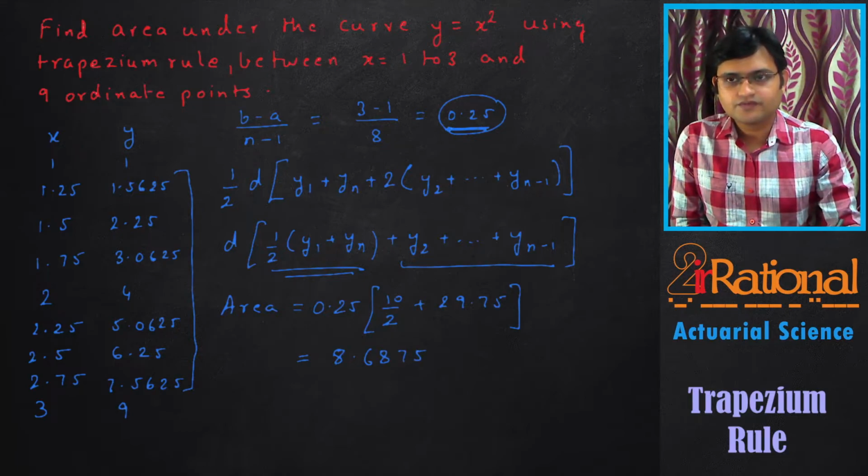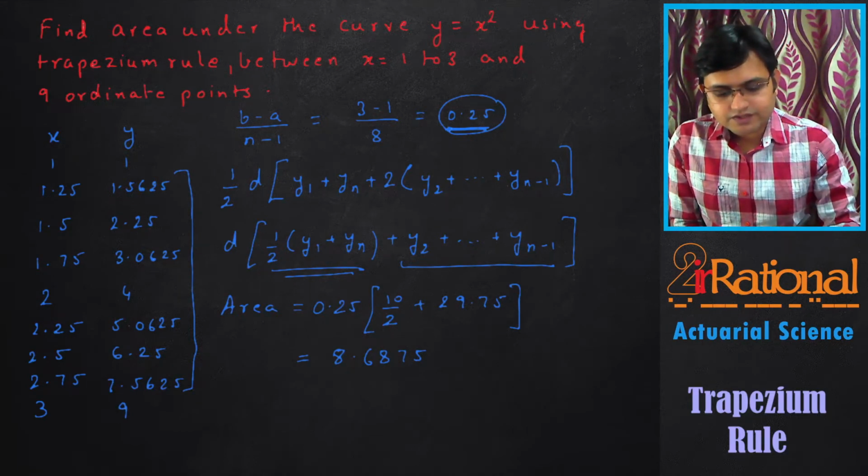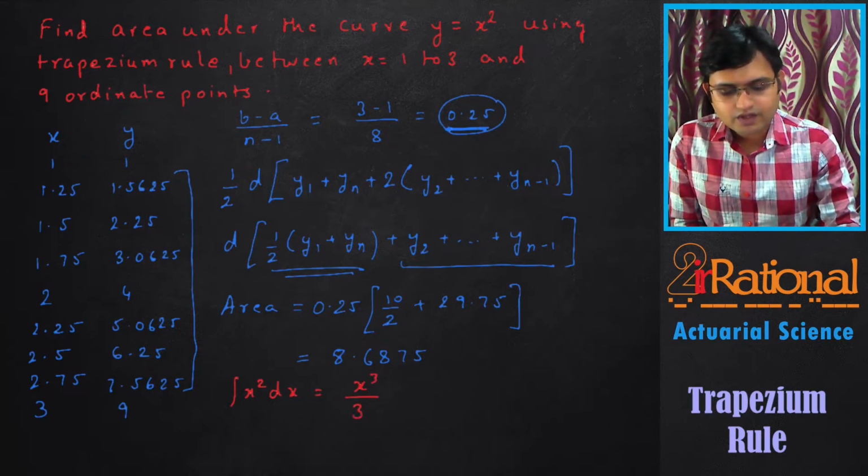So finally we will get 8.6875. If we were to calculate this integration, normally we would have said that the integration of x² dx would give us x³/3, and then we would substitute the values 1 to 3 and we'll get 27/3 minus 1/3, that is 8.667.